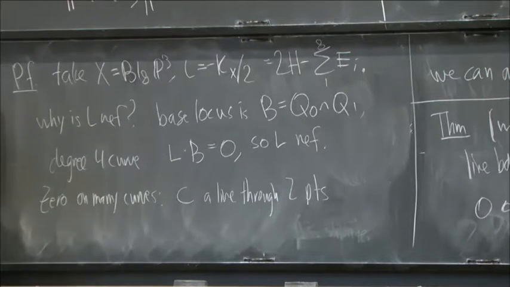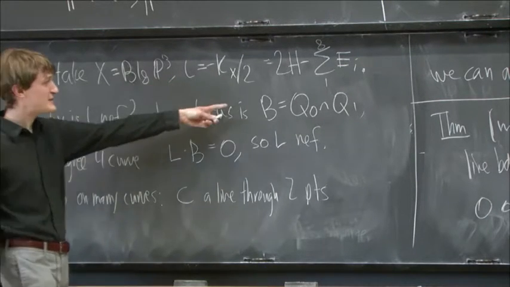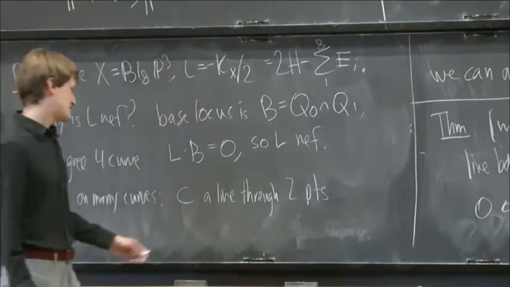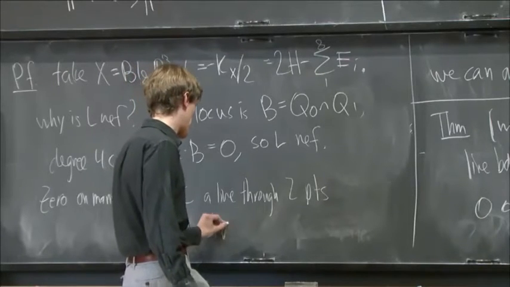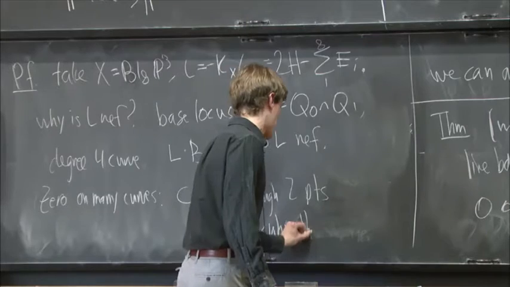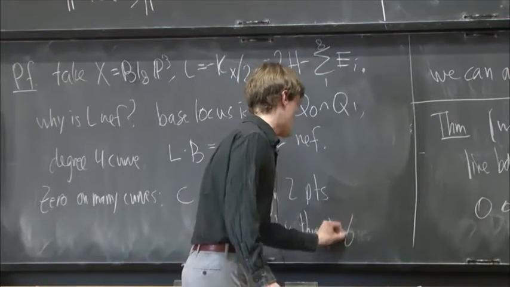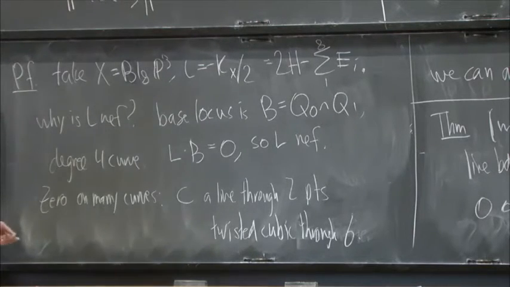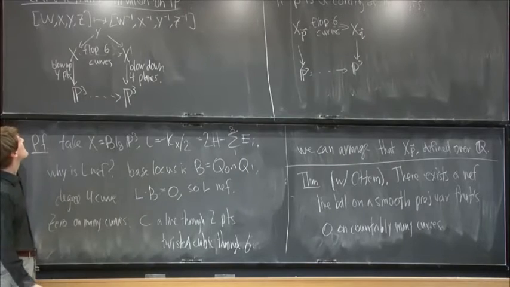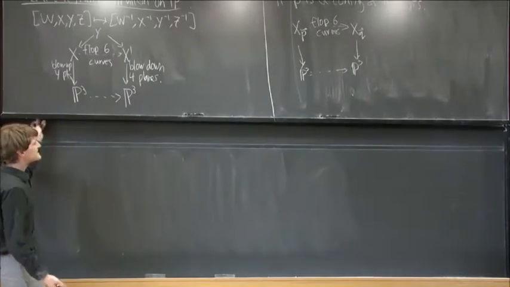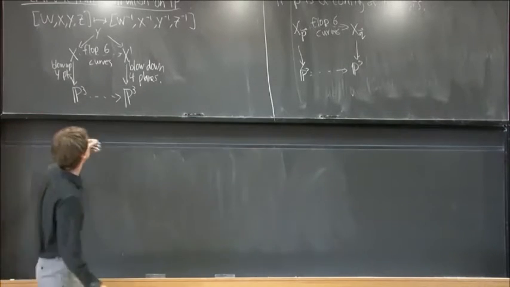If I take a twisted cubic and intersect with L, what do I get? I get 2 times 3 and then minus 6 times 1, so 0 again. So this is, I think, 50-some curves that it's 0 on: the lines through any 2 points, the twisted cubics through any 6, and also the base locus. So if nothing else, this is a nef divisor that's 0 on quite a few curves.